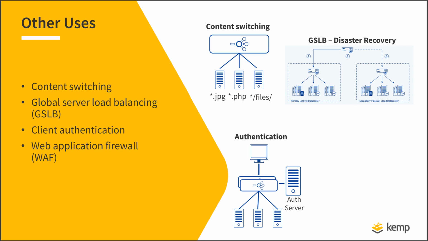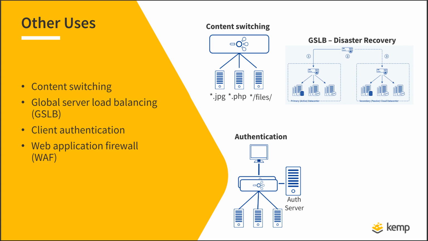Another function that you might see is authentication. So you might be doing things like two-factor authentication, token authentication, where you're using these tokens like RSA tokens or other types of tokens to be able to log into websites. Or you might want to authenticate to third-party servers like Active Directory, or using LDAP or Kerberos, and use that capability to authenticate clients to different sites.